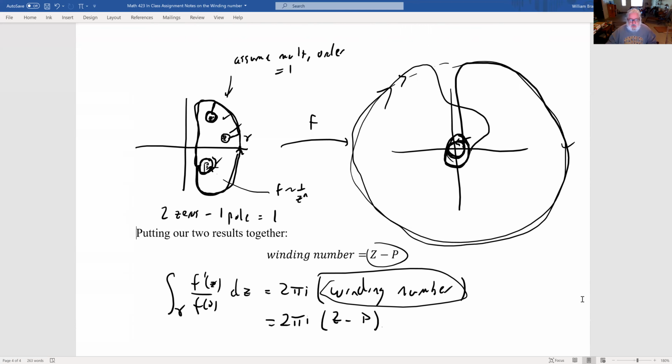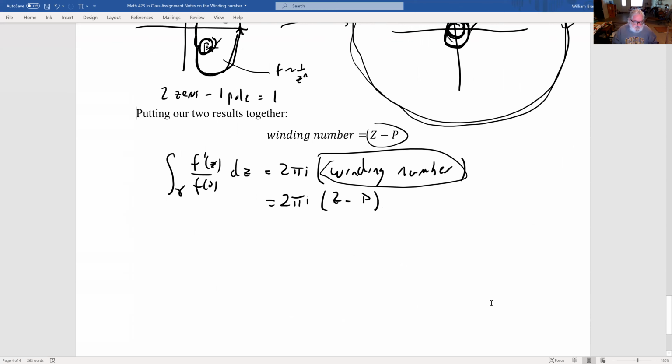zeros and poles. And so, for example, if we have, say, this function, right, which has got a 0 of order 1 here, and a 0 of order 1 here, and a pole of order 1 here.